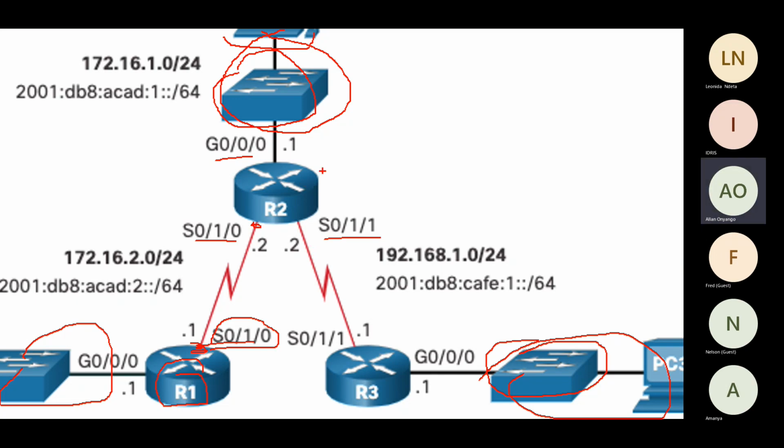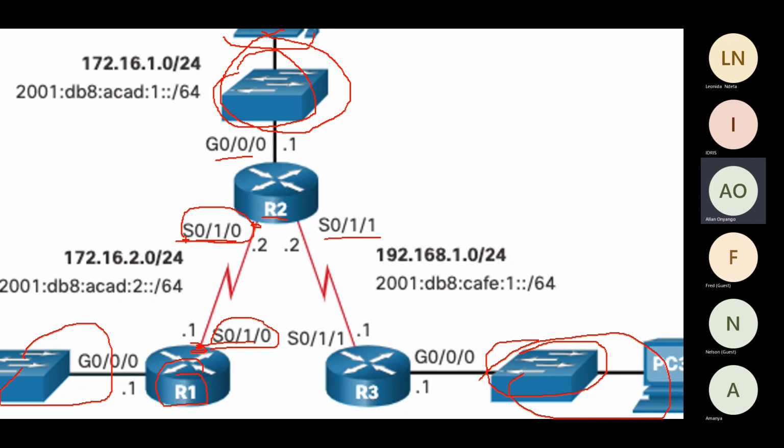Now, talking about that next router, which is R2 from R1, which interface will R1 use to send that message? Or through which interface of R2 will that message get into R2? The interface is S0/1/0, all right?